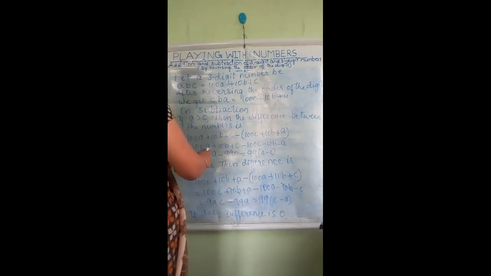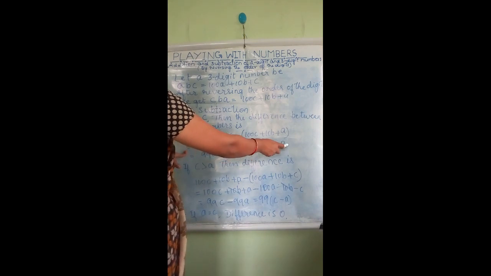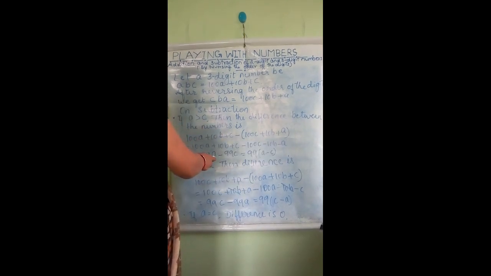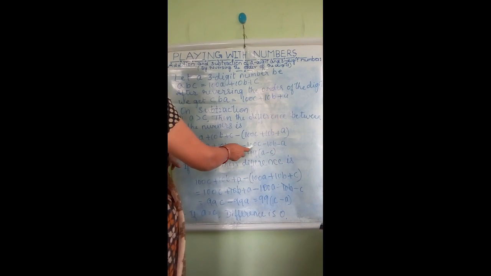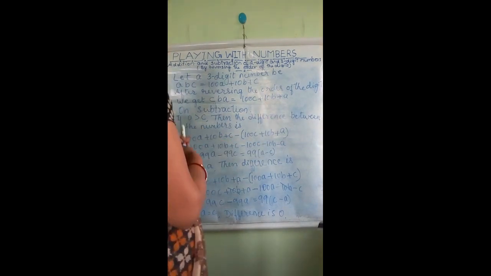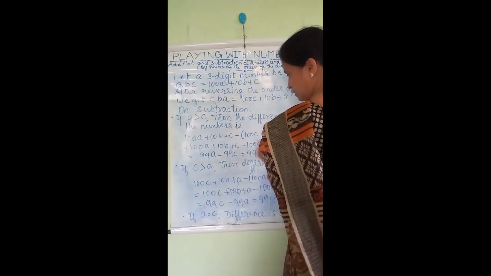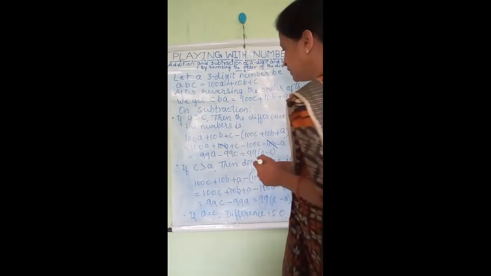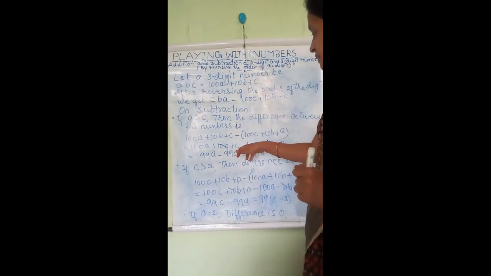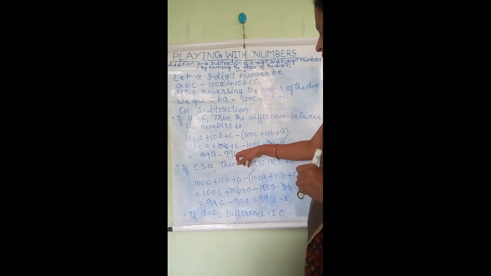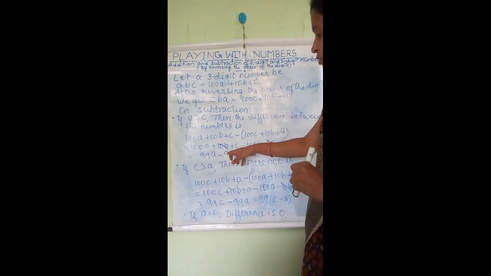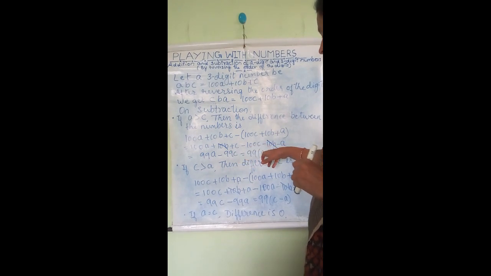Next, 100A minus A, so you will get 99A, plus 10B minus 10B, both get cancelled. Next plus C minus 100C, so minus 99C. 99 is common, so keep that outside, and inside the bracket you will get A minus C. So what is the conclusion here?